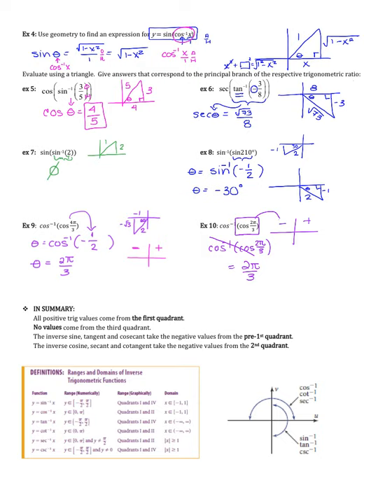It's the same thing as if I had said, what is the inverse cosine of cosine pi over 3? Those would cancel, and my answer would be pi over 3.